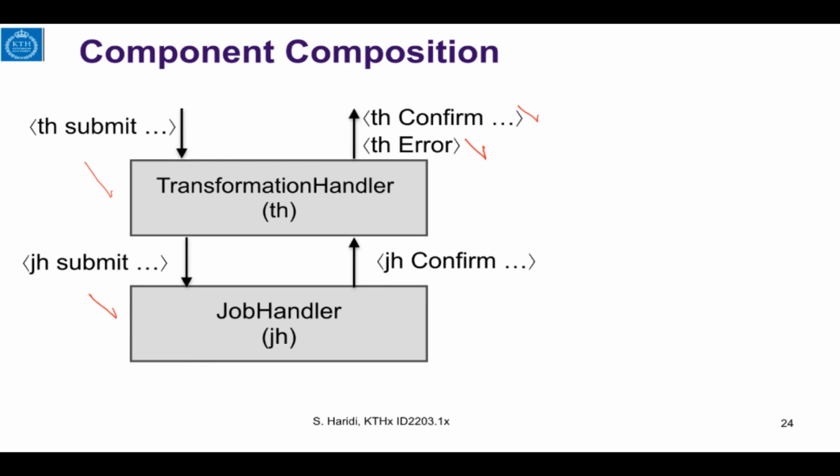If it cannot be processed, it will produce an error event. This is the one that's here. Otherwise, it will trigger the submit event of the job handler. And we know the job handler will eventually produce a confirm. When this confirm is triggered, the transformation handler also triggers another confirm upward. So this is how these composed components work together. We will see many of these during our journey through algorithms in this course.